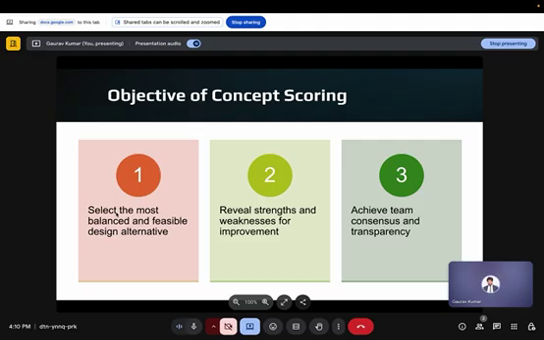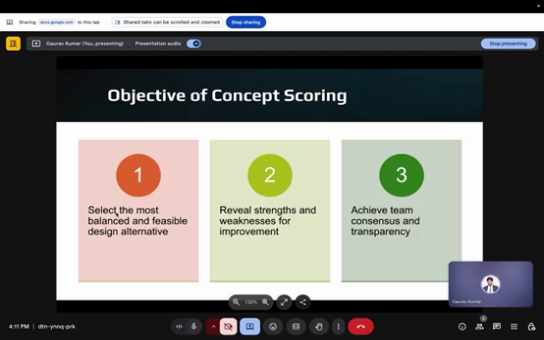Unlike subjective decision making, concept scoring promotes team consensus through transparency. Each criterion's rating and weighting are visible and justifiable, minimizing personal or hierarchical bias. The process therefore strengthens the collective decision quality and project documentation.